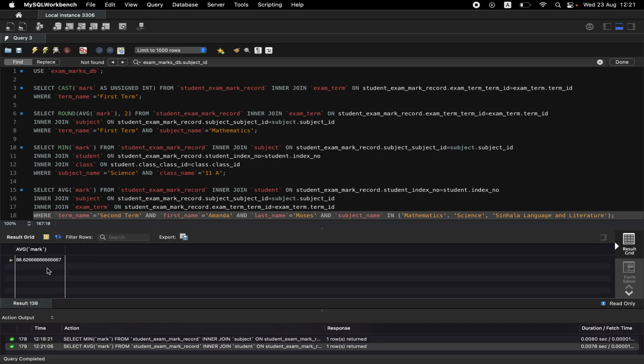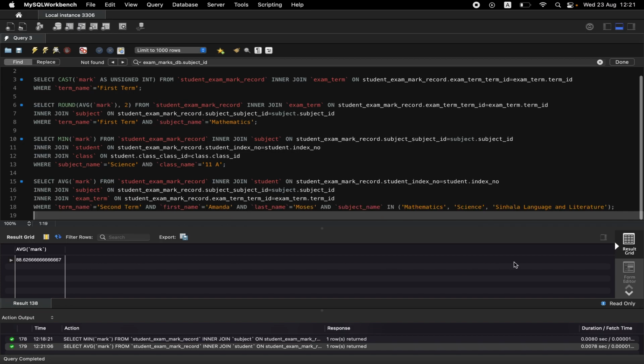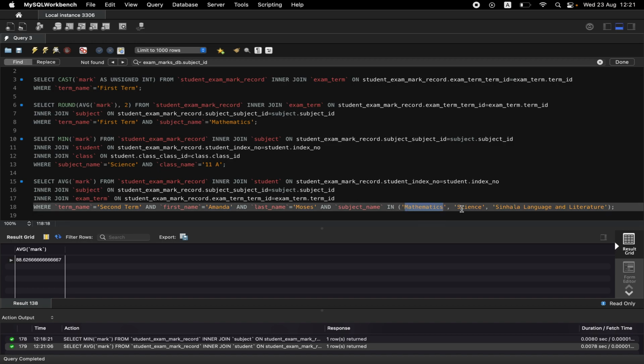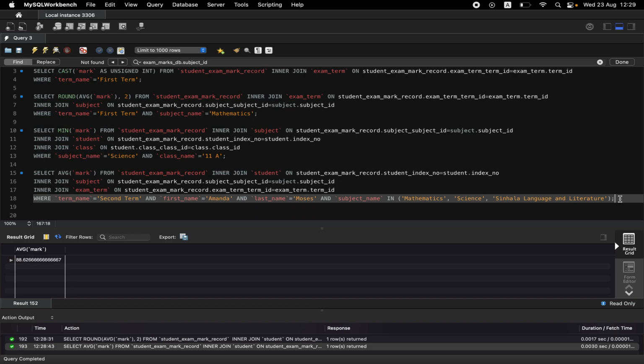Answer is 88.626667. So the reason I did it like this is that we had to get these three subjects, which are in the same column. So to get values in the same column, we have to write it like this. Otherwise, we won't get the right results.